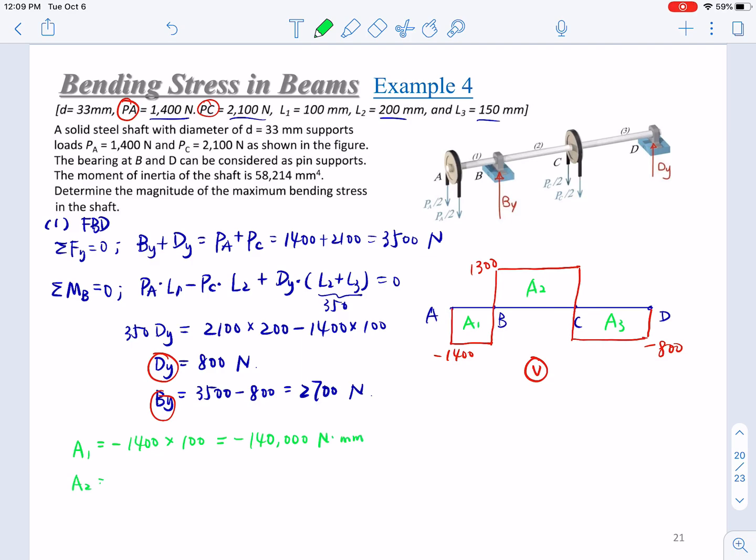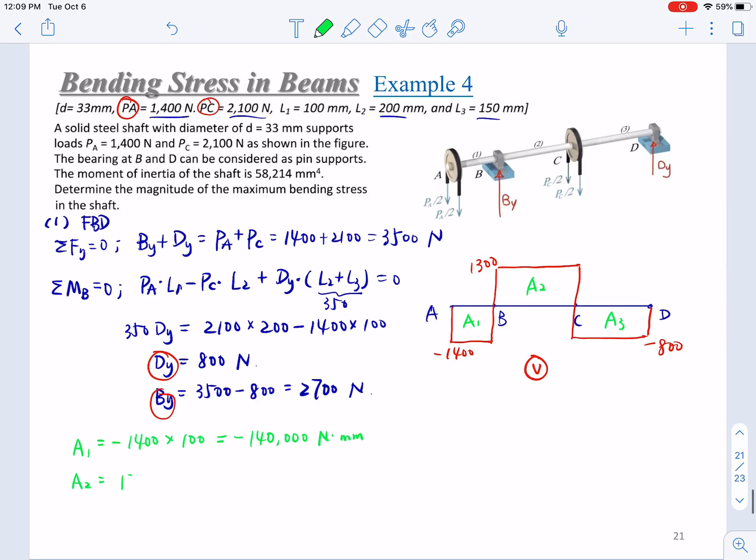And A2 is positive 1300 times 200. That would be positive 260,000 Newton millimeter. Then A3 will be negative 800 times 150. It will be negative 120,000 Newton millimeter.